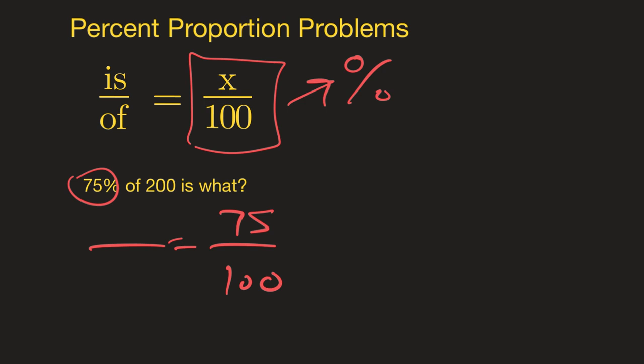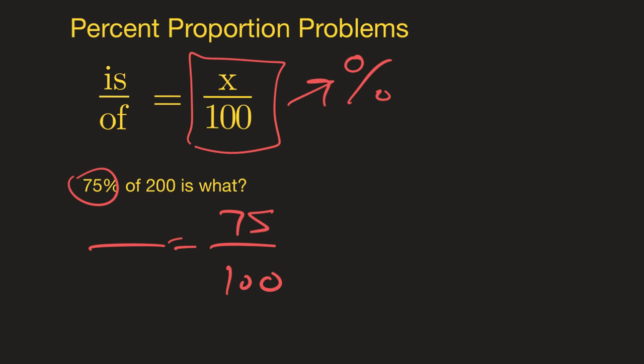Now all I have to do is figure out my is and my of. So listen carefully. Of 200 is what? 75%.